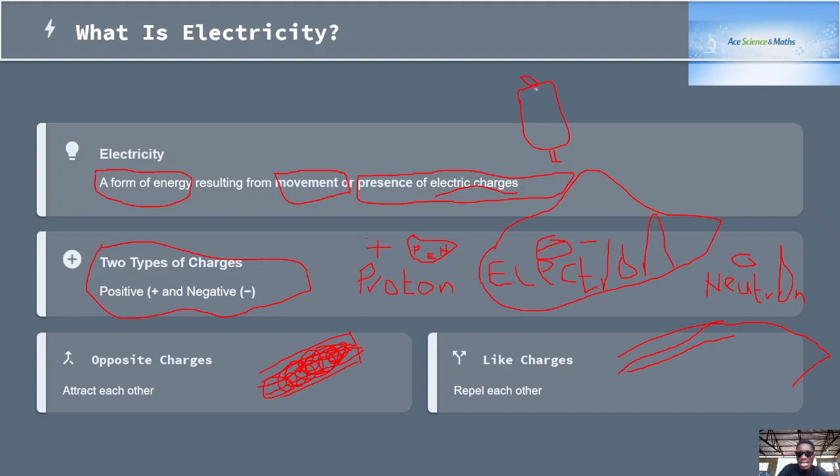A battery has both positive and negative terminals. When a positive terminal meets another positive terminal, they repel. They will never attract. So let's write plus here and another plus here, they will repel. Let's write negative here and another negative here.